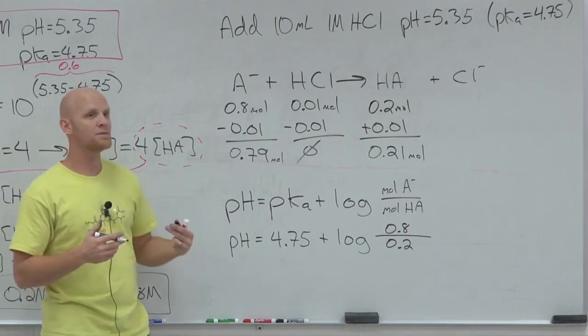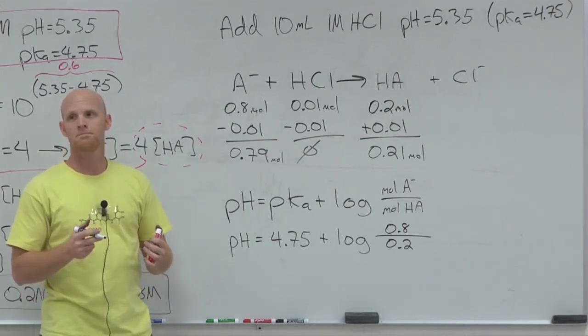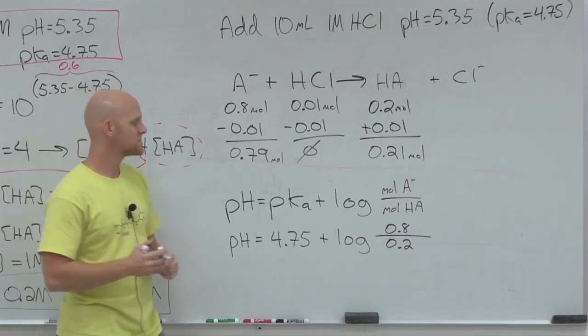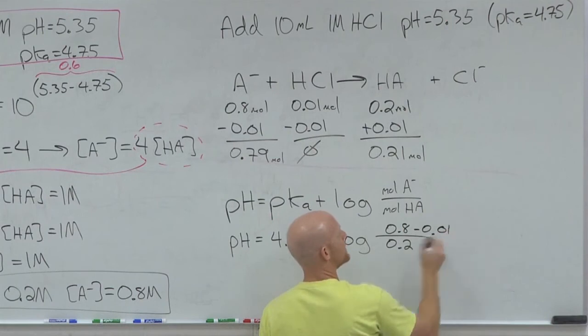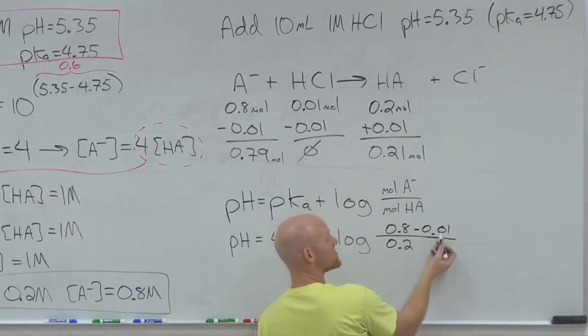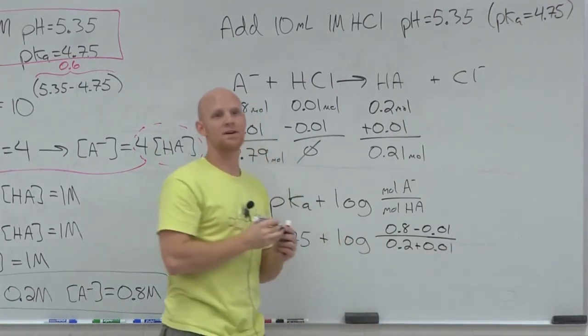In this case, how many moles of HCl did we add? 0.01 moles, right? And so in this case, it neutralizes the A minus, and we lose 0.01 moles of A minus. But when you neutralize 0.01 moles of A minus, what does it turn into? 0.01 moles of HA, and that's why it's added right there.